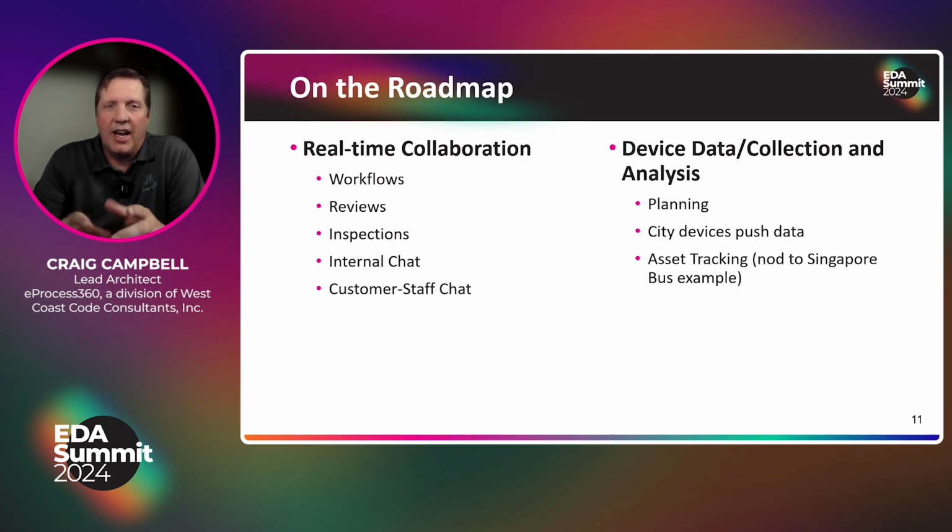But really what's exciting, and this is the nod to the Singapore bus example, is cities. Like, I worked in the oil and gas industry, and we had power plants and plants that would have thousands of sensors that we would have to track. Cities are in that same boat. Traffic signals, traffic density. You're looking at traffic signals, cars on the road.